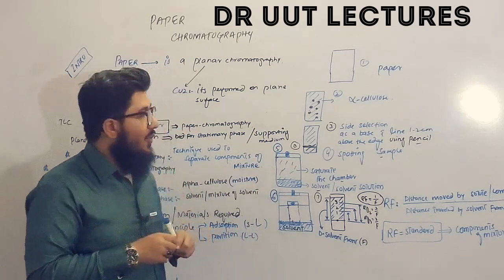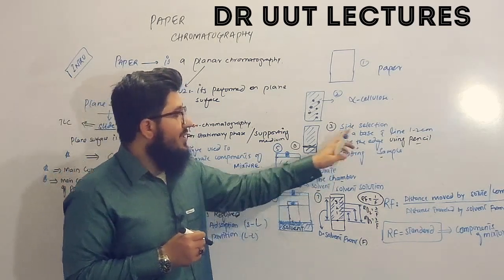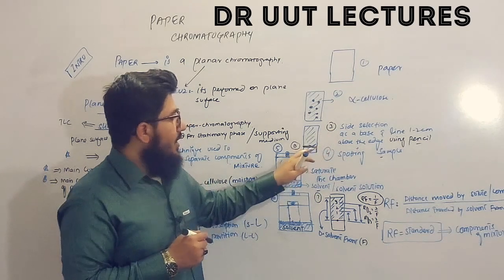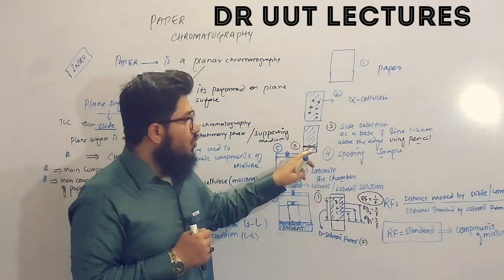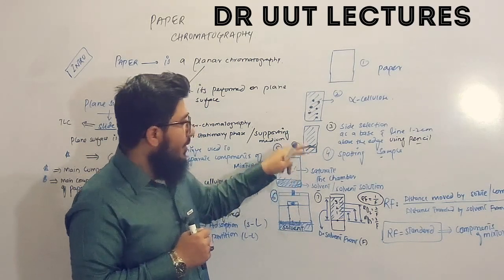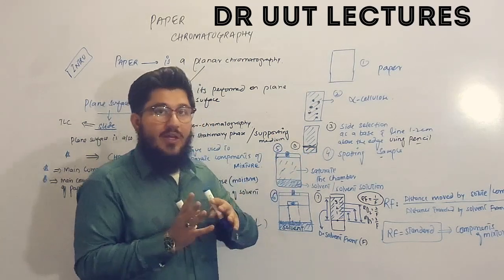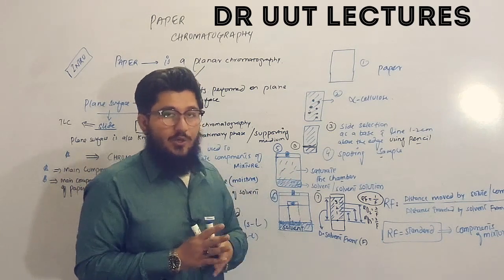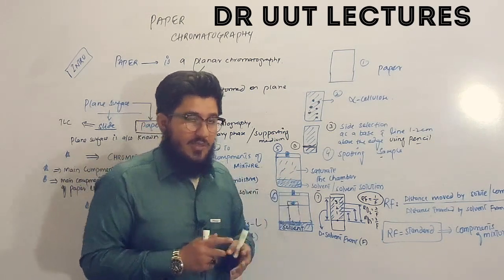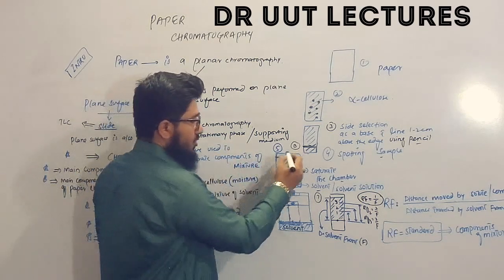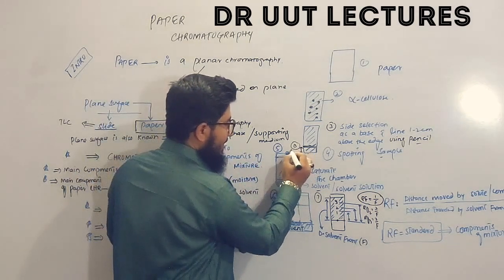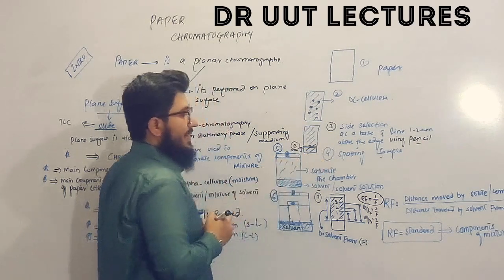Now a very important point is that when you select the side for the baseline, this line must be sketched 1 to 2 centimeters a little above the base edge. In most practicals nowadays, this line is sketched 1 centimeter above the base. So consider this as 1 centimeter above the base edge.